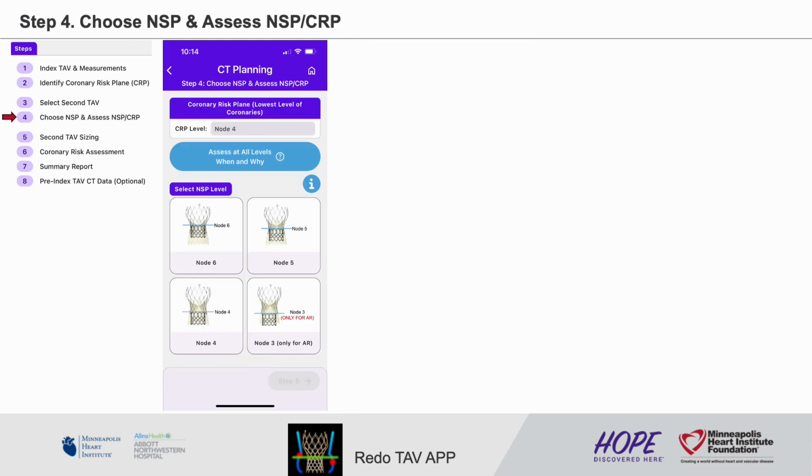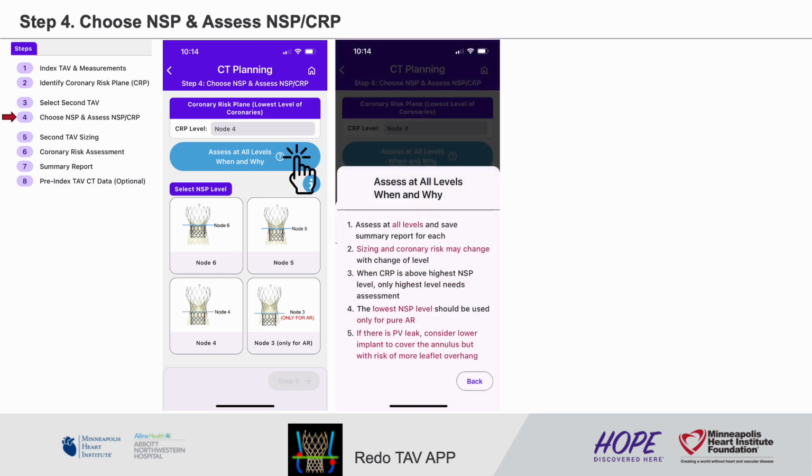Based on such understanding, you will choose the neoscat plane where you would like to implant. Here is some guide on how to proceed from here. We would recommend to assess all possible neoscat planes and save the summary report for each level, as second tab sizing and coronary risk may change according to the neoscat plane.